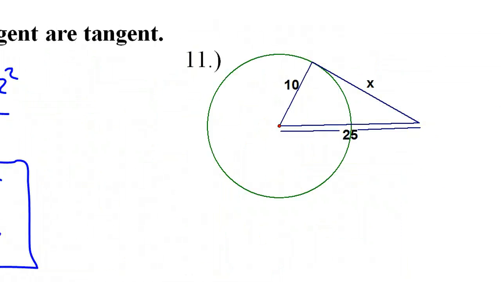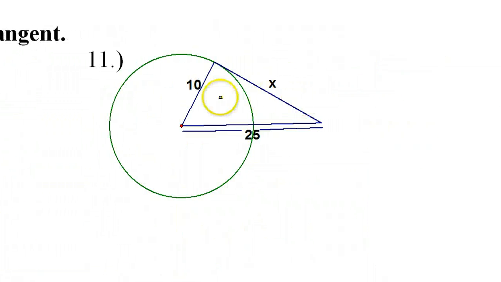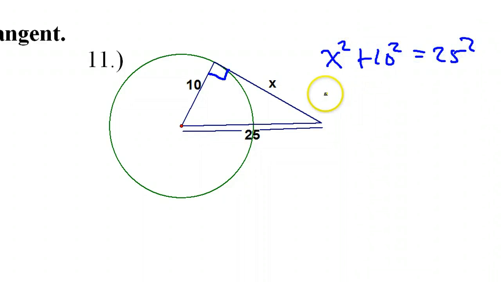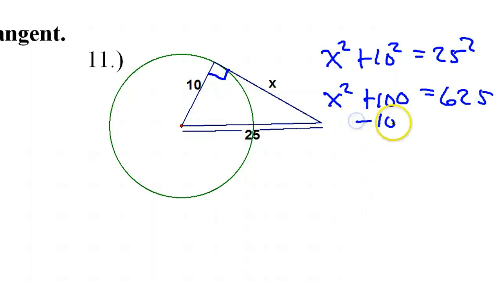All right, now where's number 11? All right, same type of deal over here. If this is a tangent, then this is a right triangle. So that means x squared plus 10 squared should equal 25 squared. So it's x squared plus 100 is equal to 625. Subtract 100 from both sides.